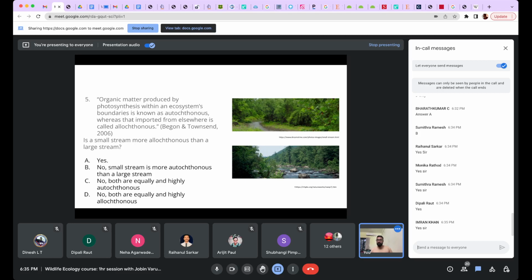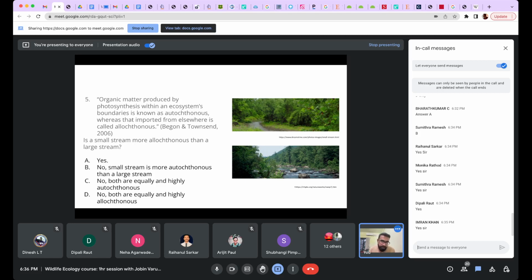So you have two examples. You have a small stream and you have a large stream. And autochthonous and allochthonous: basically, an autochthonous ecosystem is where the organic matter is produced within the ecosystem due to photosynthesis or chemosynthesis. An allochthonous ecosystem is where the organic matter comes from outside.